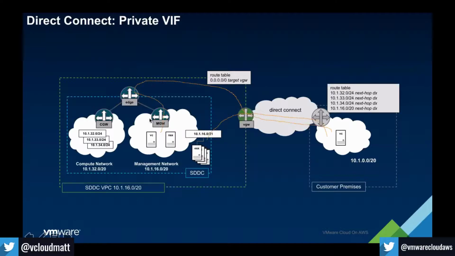We would continue to use either the internet or the public VIF for anything that binds to public address space. Now, on the roadmap for HCX, it's possible that they intend to make enhancements to make this work over private VIF. I can't comment on that, but if they made such an enhancement, then it would work over this.